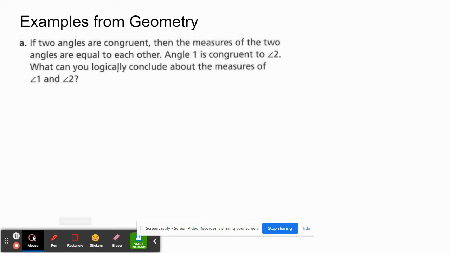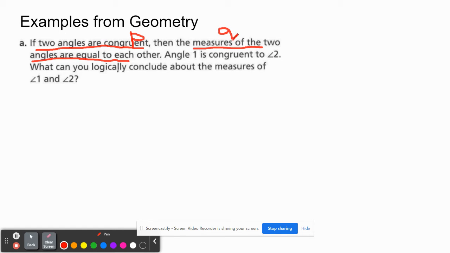So we see that if two angles are congruent, then the measures of the two angles are equal. That's our P and our Q. And we're given that angle 1 is congruent to angle 2. So we're given that P is true.